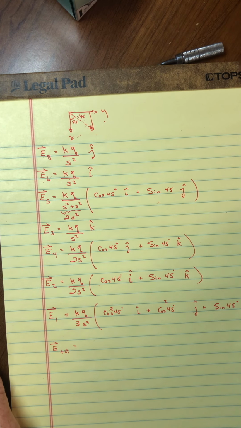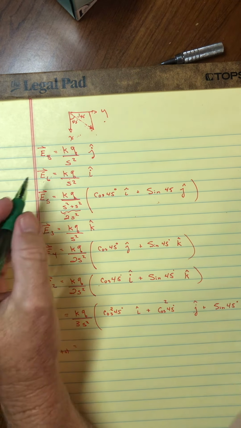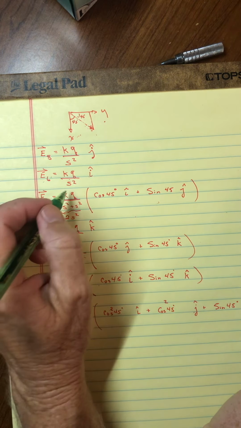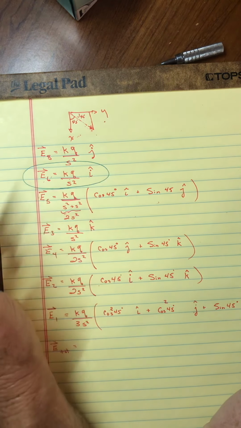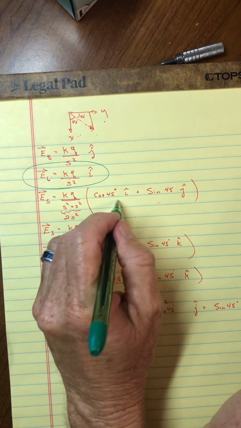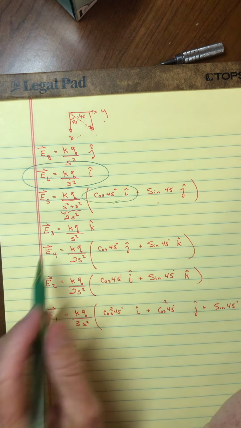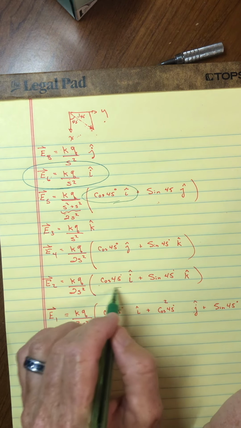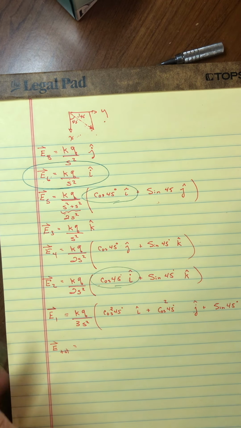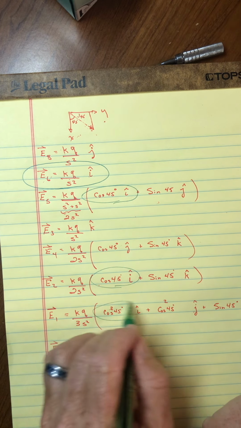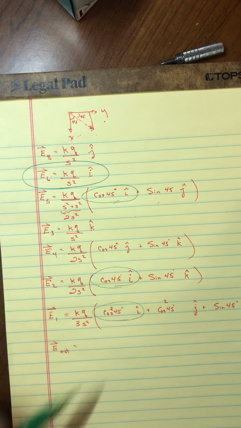I'm tempted to say something here as I wrap it up. But why don't I circle that in green? So here's an i-hat. Here's another i-hat. Here's another i-hat. And here's another i-hat. 1, 2, 3, 4.